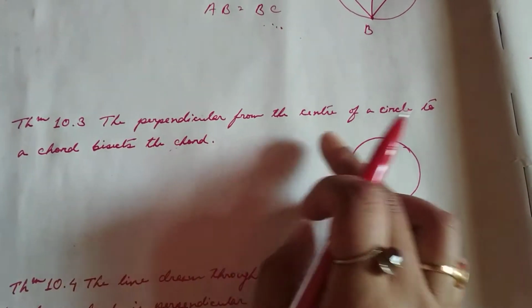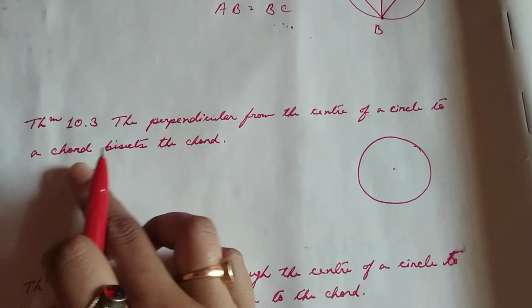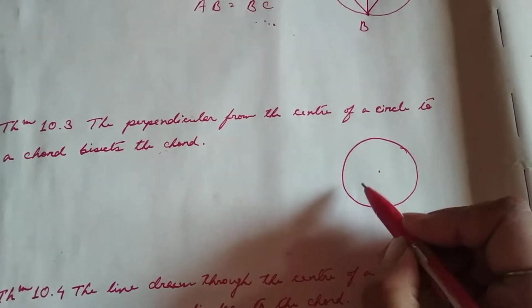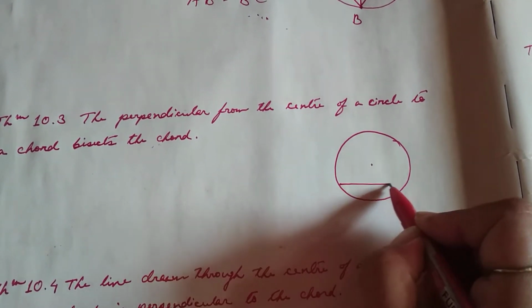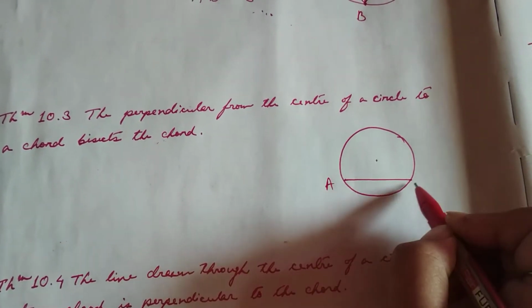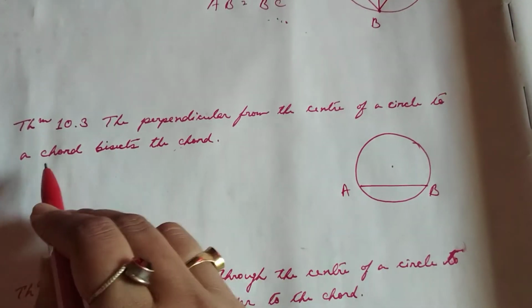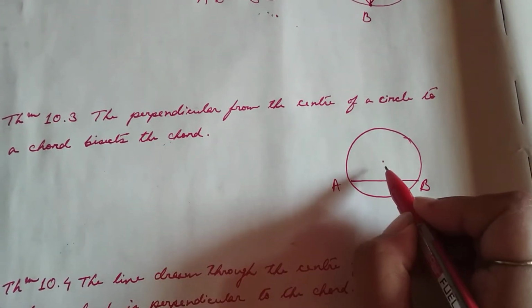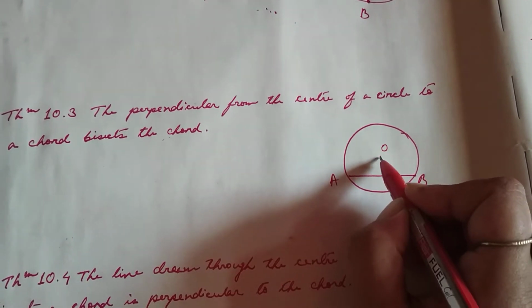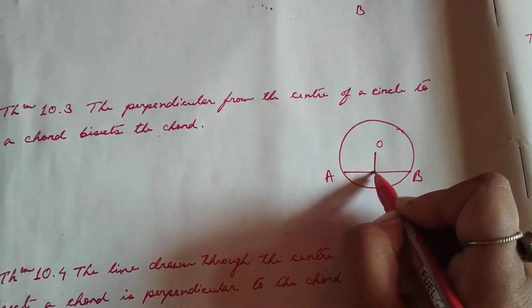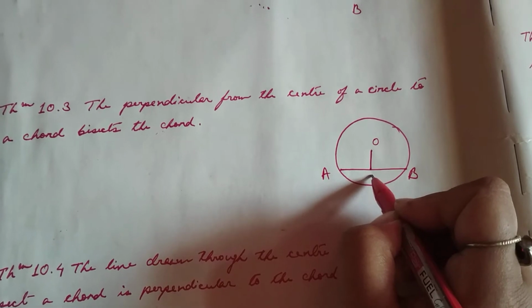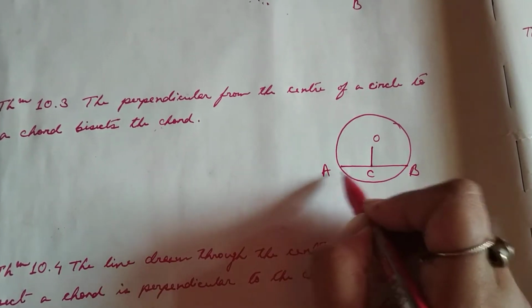The perpendicular from the center of a circle to a chord bisects the chord. Means if there is a chord AB, the perpendicular has to be drawn from the center to the chord. You can say OC is a perpendicular line on the chord AB.